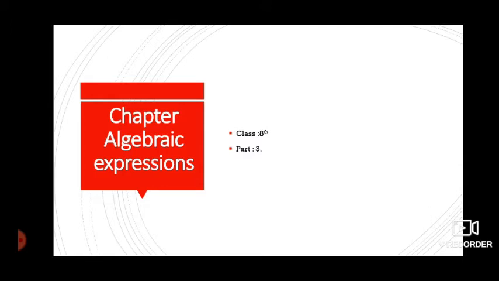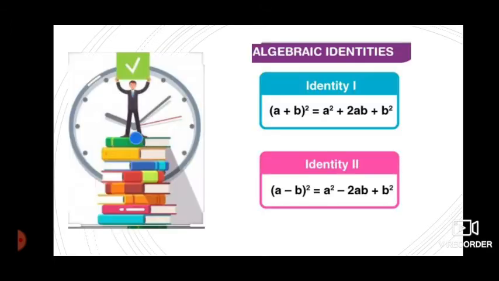Today we are going to discuss the chapter Algebraic Expressions, part 3. We already have seen part 1 and part 2, children. In those parts, we covered the points we have to remember about algebraic expressions, like a term, constant, variable, what an algebraic expression is, and what types we have. We also learned how to add, subtract, and multiply two algebraic expressions.